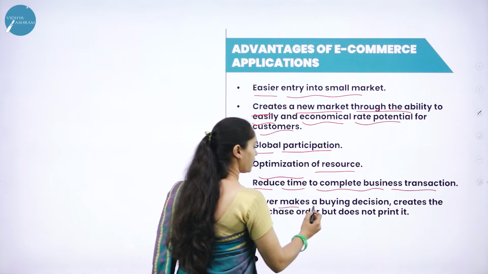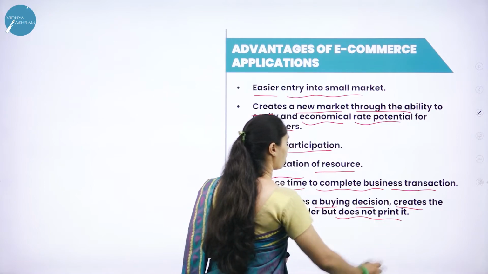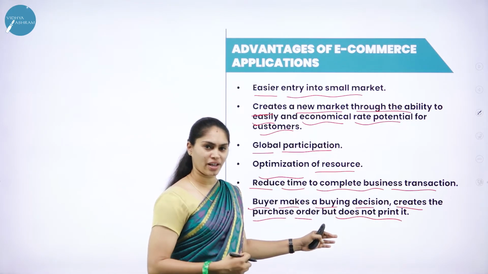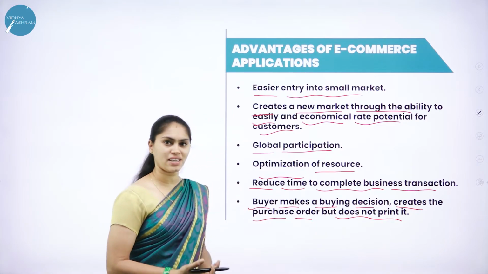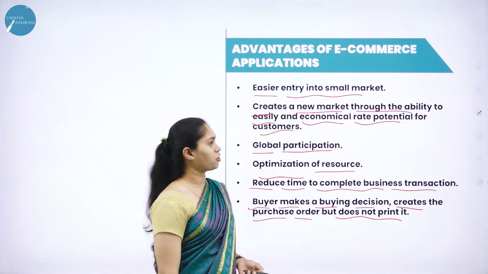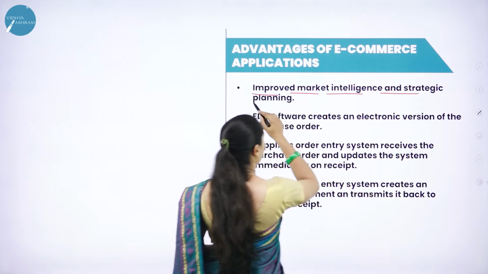Then the buyer makes a buying decision and creates the purchase order but does not print it. So you can have an e-receipt here. That means you can save the trace without printing, and it will be available as a soft copy. And also improved market intelligence and strategic planning.